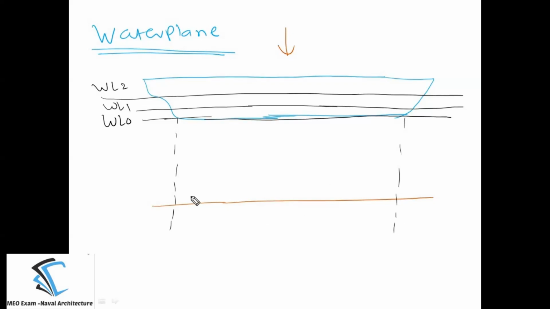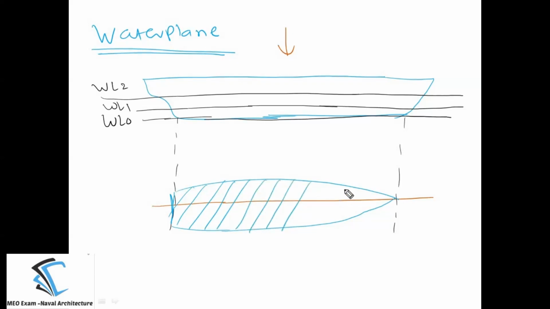You think that I have taken one plane which is parallel to the water surface and passing through the water line 0, and I am cutting the ship at that water line 0 and looking from the top at how it will look. It will look like this. So this is your water plane.